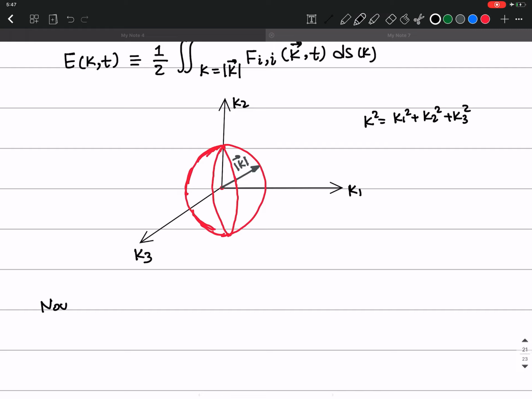So now, based on this definition, let's integrate this equation over spherical shells of radius k.